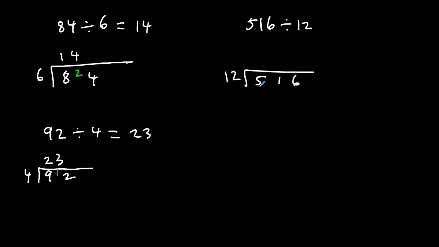So 12 doesn't go into 5 this time, it doesn't go into the first number. So we consider 51 next. So 12 goes into 51 4 times, with a remainder of 3. And then 12 goes into 36 3 times with no remainder. So the answer is 43.